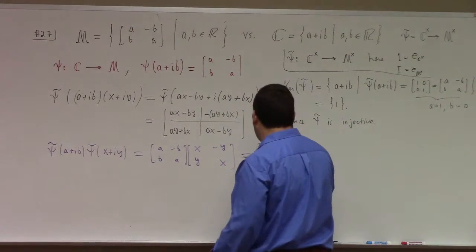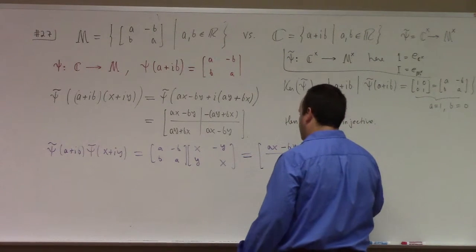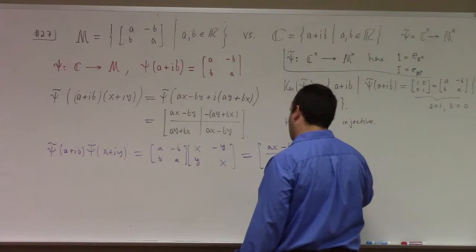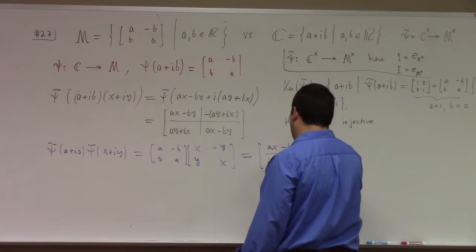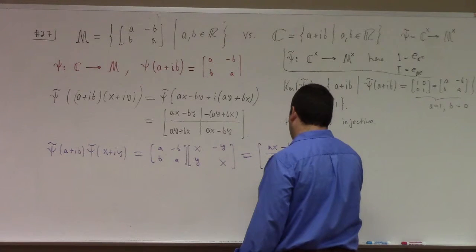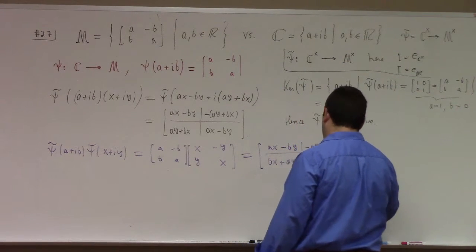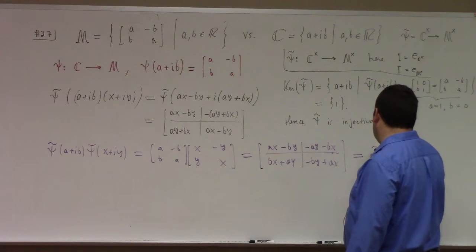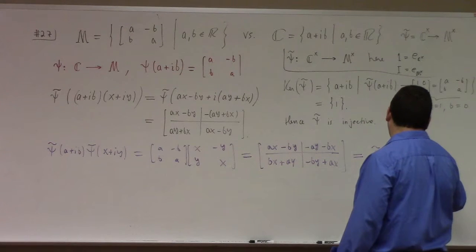Multiply them, what do you get? As you can see, that is equal to psi tilde of a plus ib times x plus iy.